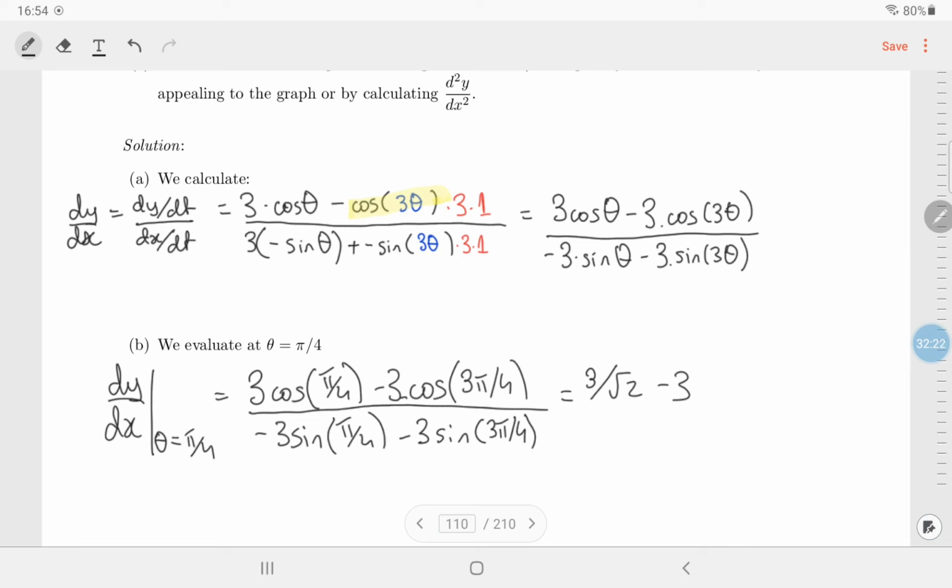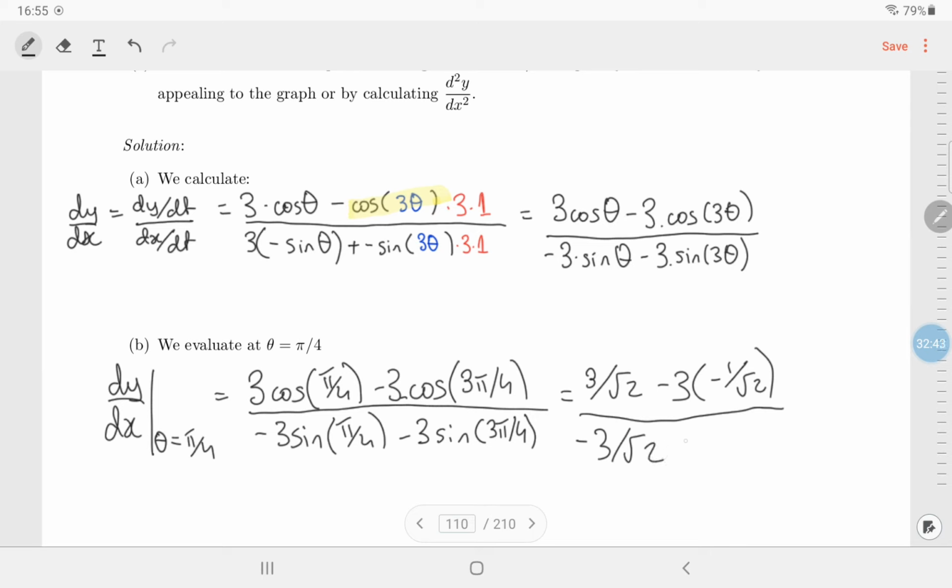Now 3 pi over 4 is like 135 degrees, so you're over in the second quadrant, and the cos is the x coordinate, so it's going to be minus cos of 45 degrees. Similar story, we get minus 3 over root 2.